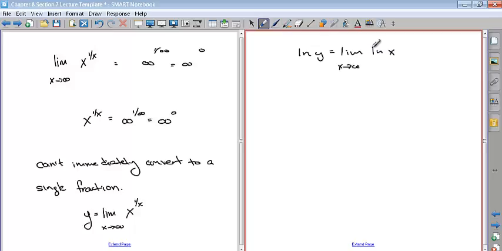So you'd have the limit of x to the 1 over x power. We're taking the limit as x goes to infinity, and using the properties of logarithms, we can take the exponent and multiply it by that. Now we can convert this into a ratio.